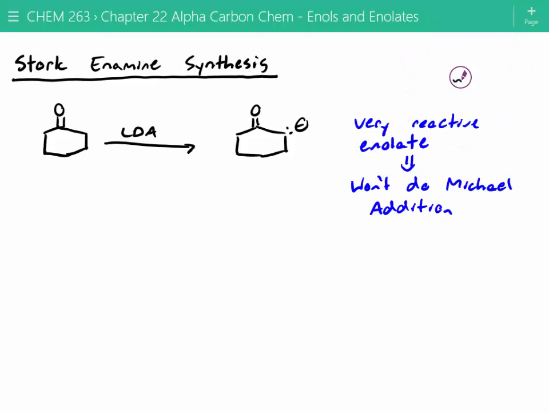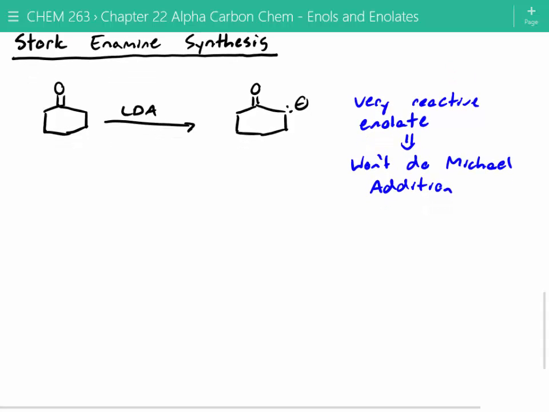So his solution to this was, well, let's use chemistry we already know to get around this problem and make an enolate that's relatively stable.